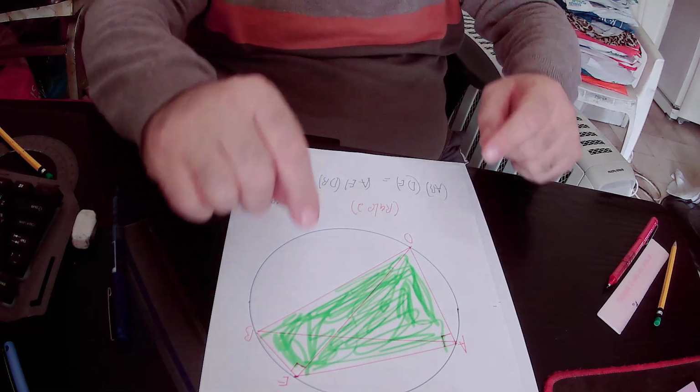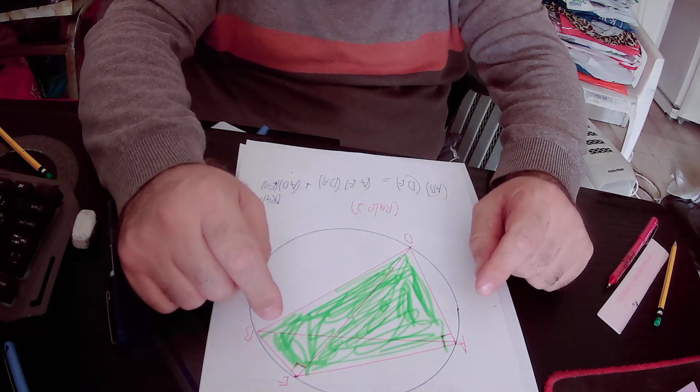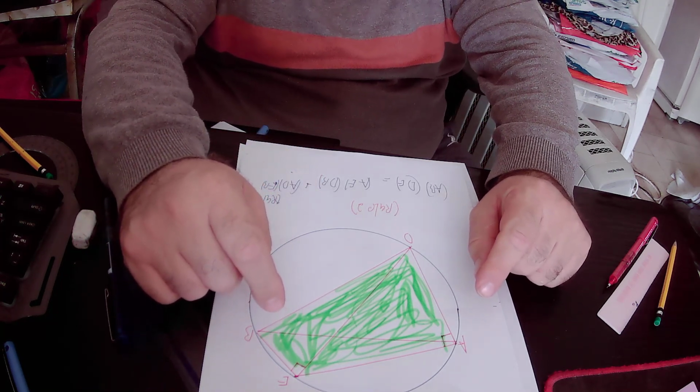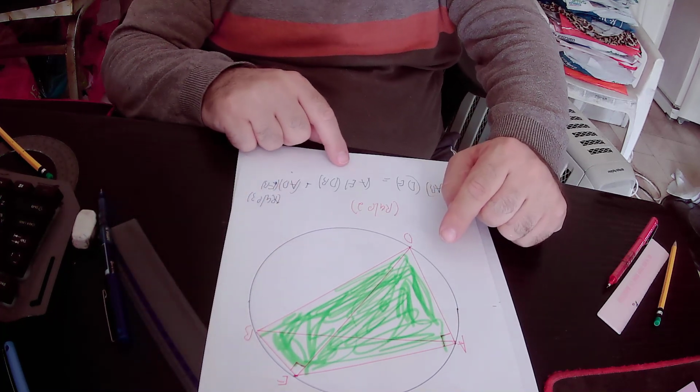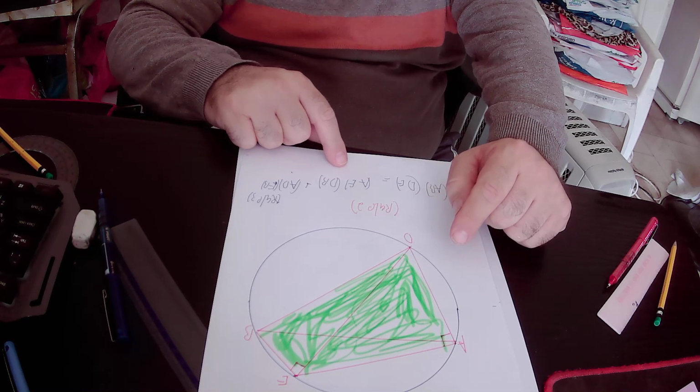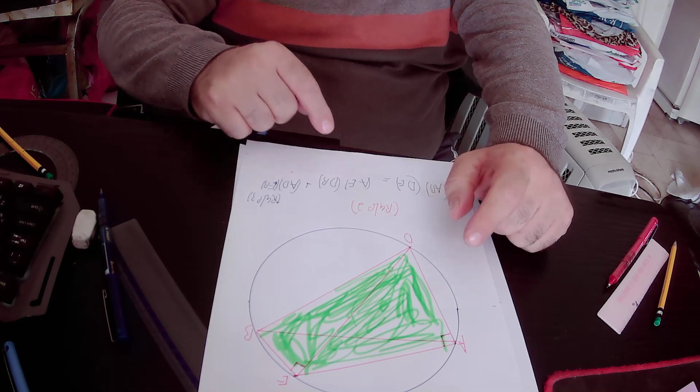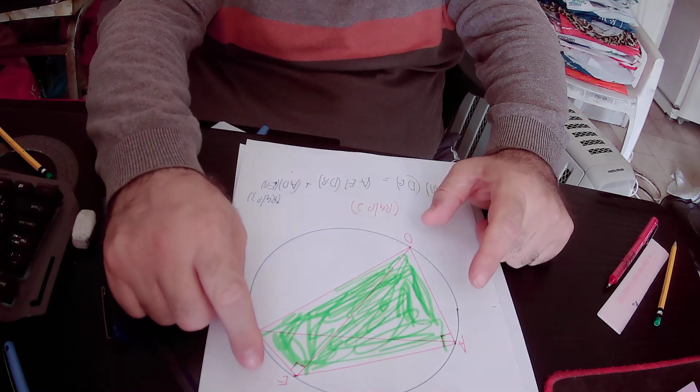The first product of the opposite sides is AE times DB, and the second product of its opposite sides is AD times EB.